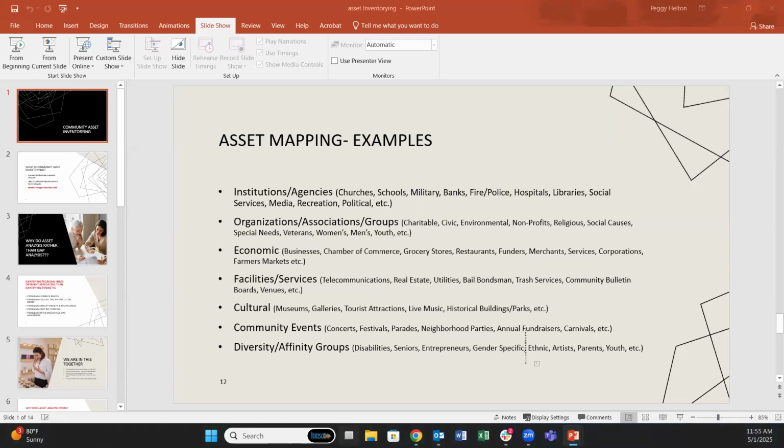Cultural, this is something a lot of times we don't think in terms of: galleries and our tourist attractions and our museums and historical buildings and parks and all that kind of thing, live music venues. Again, those can be definite assets, especially for the economic side, but also to have a place to hold different events.